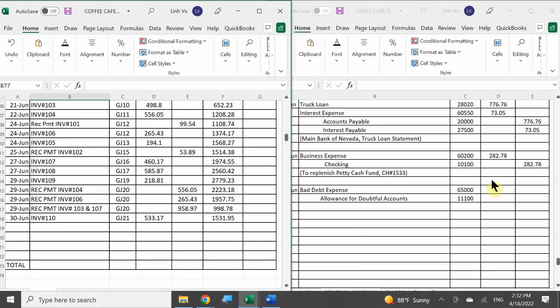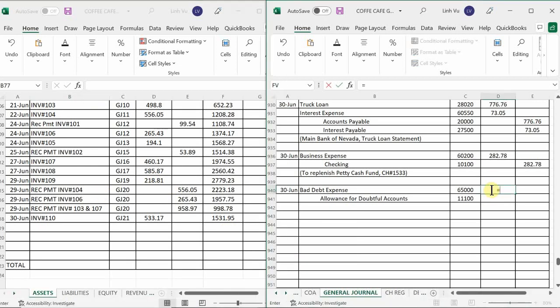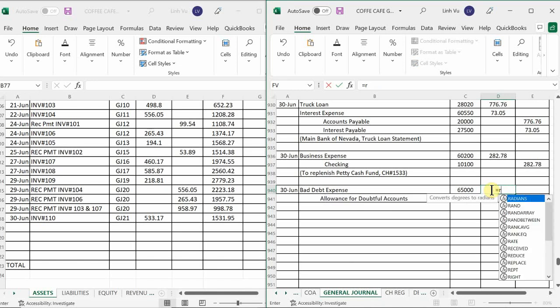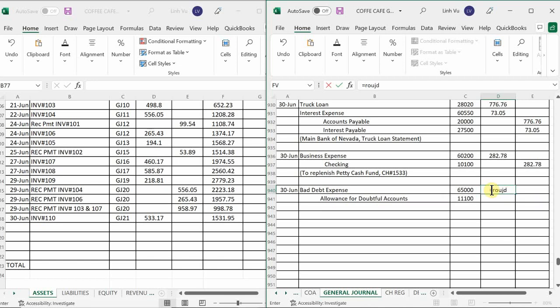So how do I calculate 5% of that? 76.60. Okay, that's potential bad debt for me.